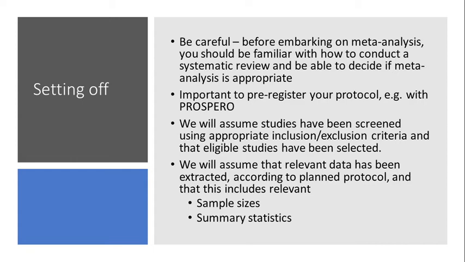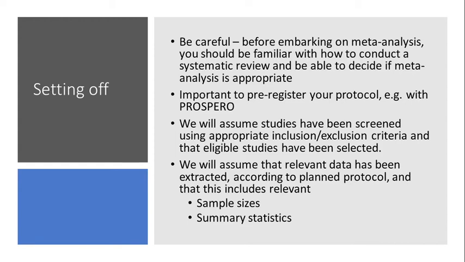You should try to pre-register your analytic protocol. In meta-analysis, there are lots of options on how to do it, so you don't want to be picking and choosing as you go and seeing which one comes out as favourable and which doesn't. You want to plan ahead, and if possible, pre-register your protocol with something like Prospero.